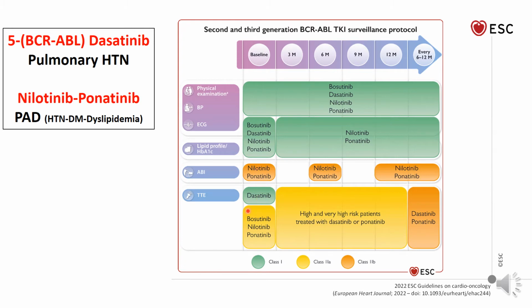And the importance of surveillance with echo, specifically for the tricuspid regurgitation velocity and estimated pulmonary artery pressure, because of the high risk of this drug for developing pulmonary hypertension. Again, the frequency of surveillance depends on the baseline risk of our patient.